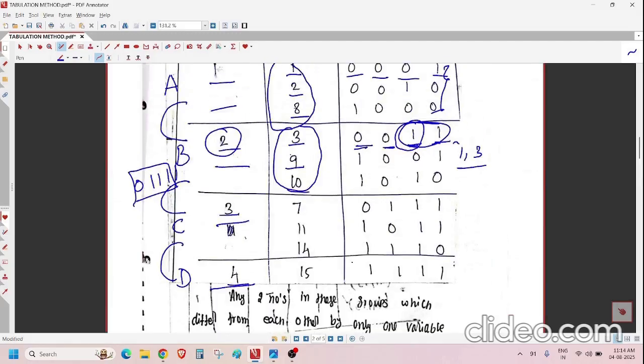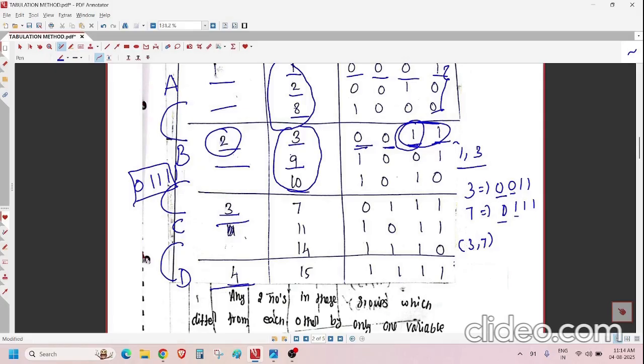The third representation is 0 0 1 1 and the seventh representation is 0 1 1 1. Now how can we compare? If no more than one bit is changed, we can take it as a combination. Otherwise, we have to leave it.